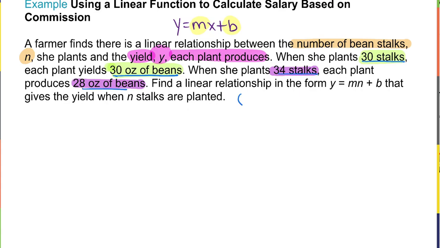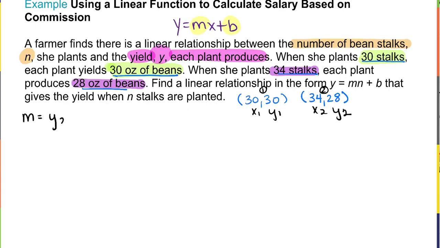So I'm going to write these out. The first point is 30, 30. And the second point is 34, 28. And we will label these point 1 and point 2, which makes this x1 and y1. And this is x2 and y2. So we will first start by finding the slope.